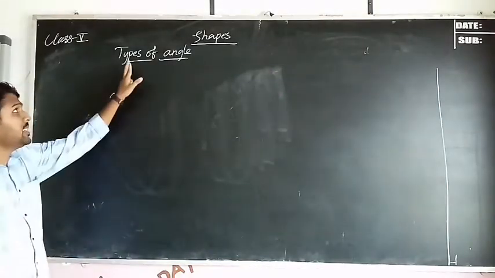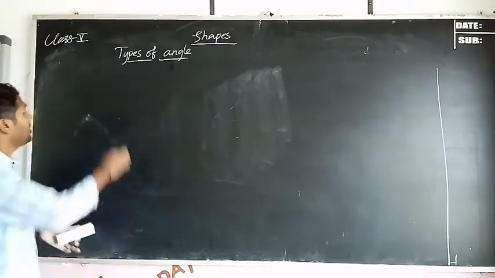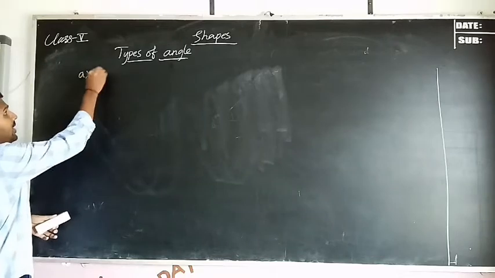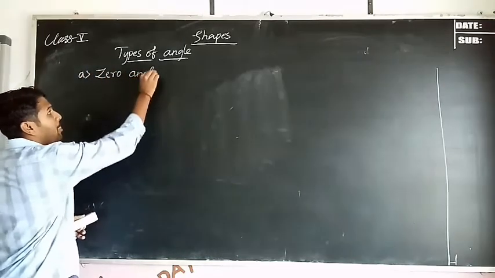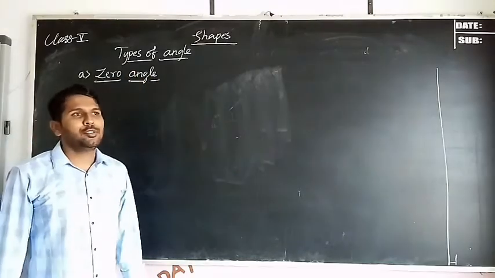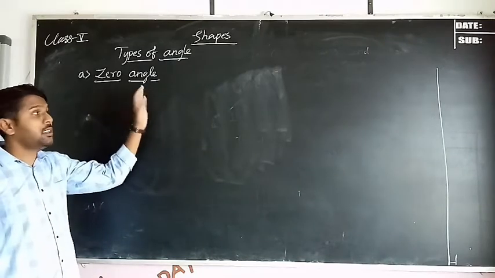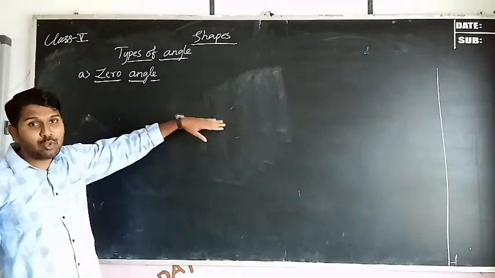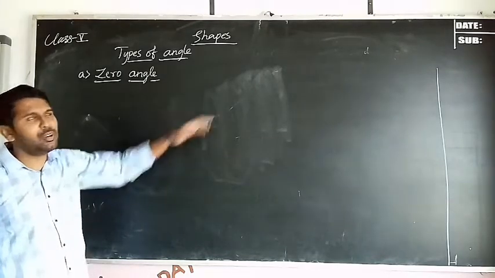So next, types of angle. The first one is zero angle. What is the definition of a zero angle? If the initial ray doesn't move to any distance, that means no angle is formed.